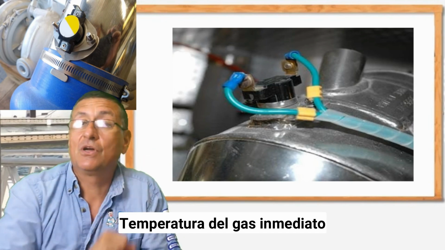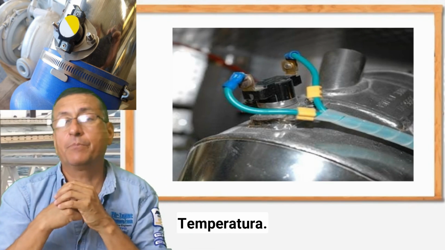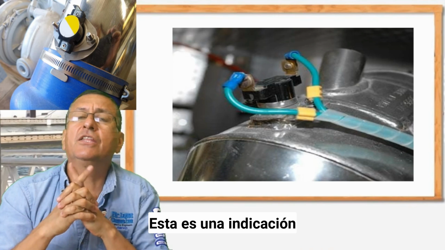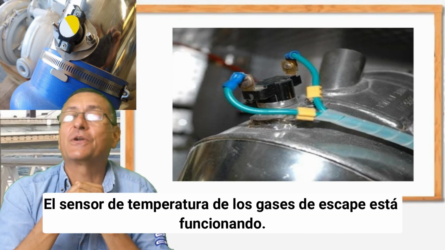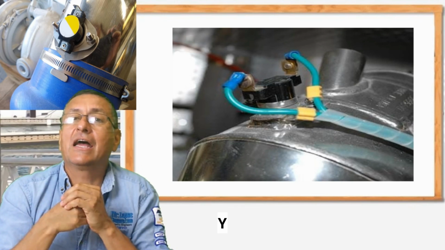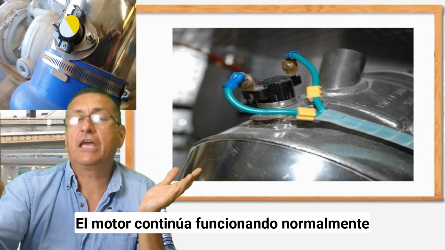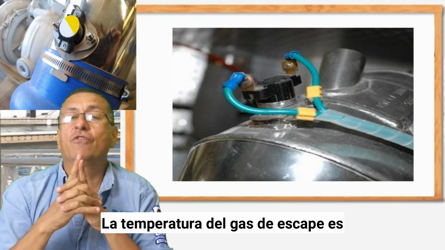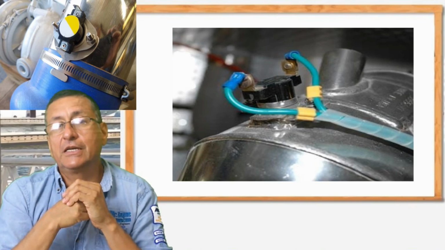Immediately the temperature of the gases increases and the engine shuts down for high temperature. This is an indication that the exhaust gas temperature sensor is working. You open the raw water valve again, the engine starts immediately and continues running properly, because the temperature of the exhaust gases is the temperature recommended by the manufacturer.